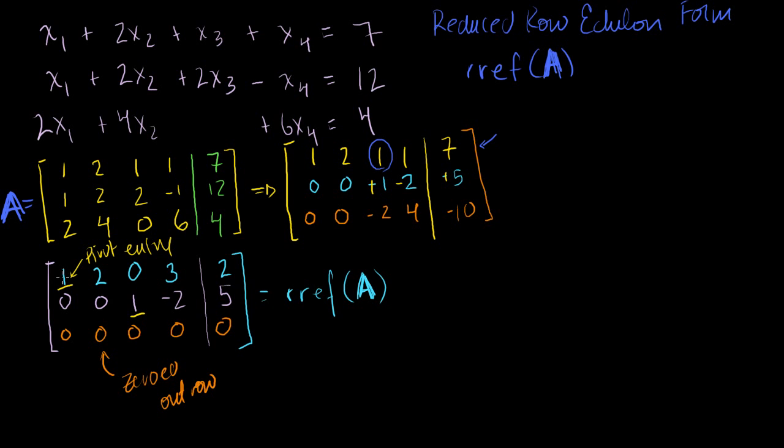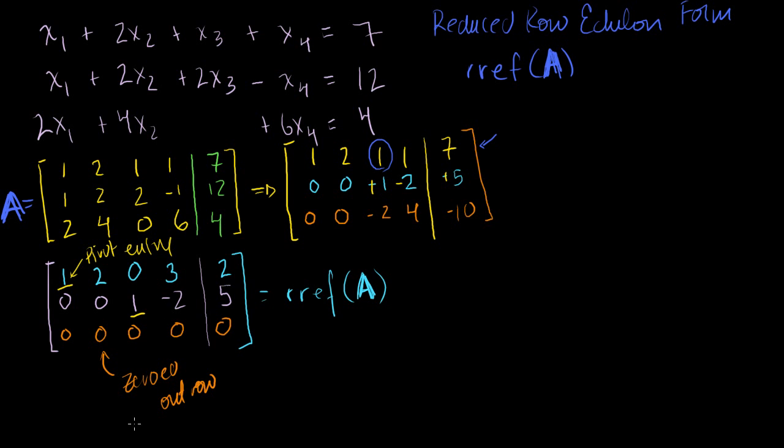So your leading entries in each row are 1. The leading entry in each successive row is to the right of the leading entry of the row before it. This guy right here is to the right of that guy. This is just the convention of reduced row echelon form. And if you have any zeroed out rows, it's in the last row. And then finally, of course, and I think I've said this multiple times, this is the only non-zero entry in the row.